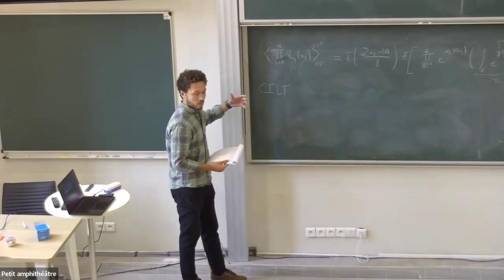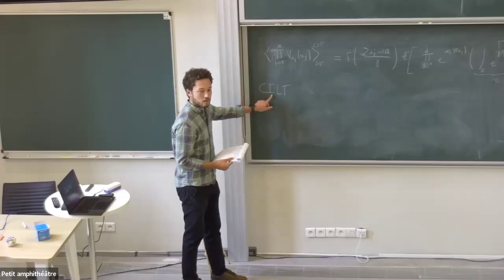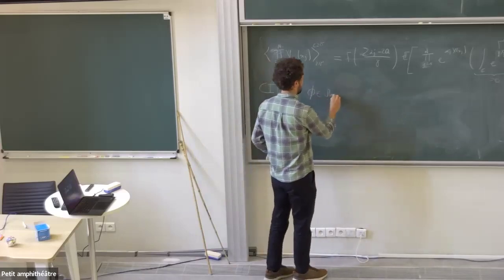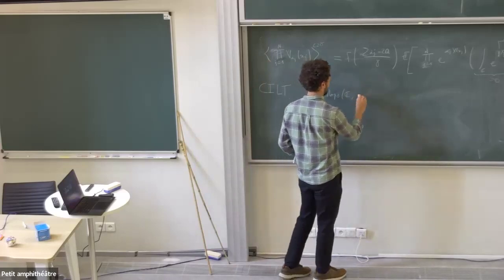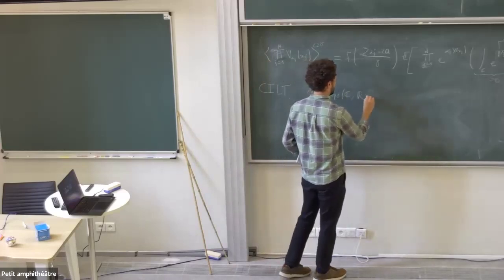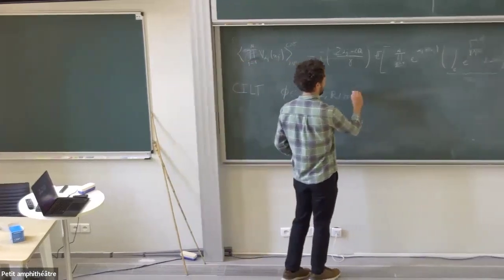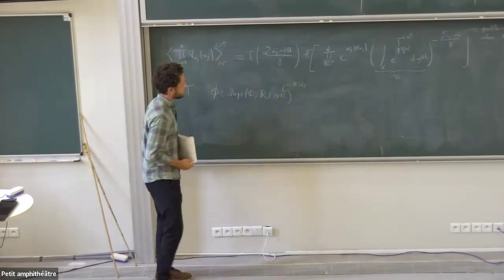So the difference with the setup I am interested in is that the field here takes values in a quotient of the real line. So R quotiented by 2 pi R, and R is greater than 0. It's a compactification radius.